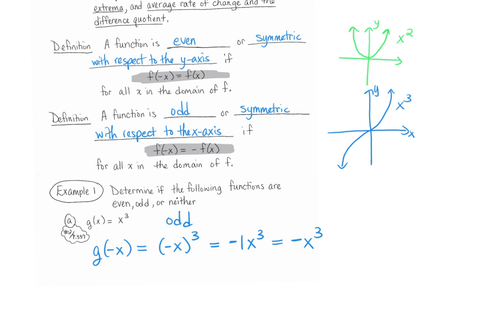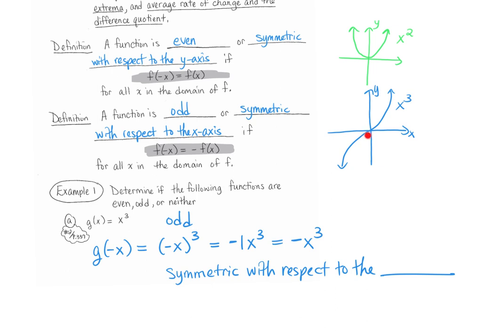And we can say it's symmetric with respect to what? The x-axis. And I said this wrong, so let me go back and correct this. Is this symmetric with respect to the x-axis?